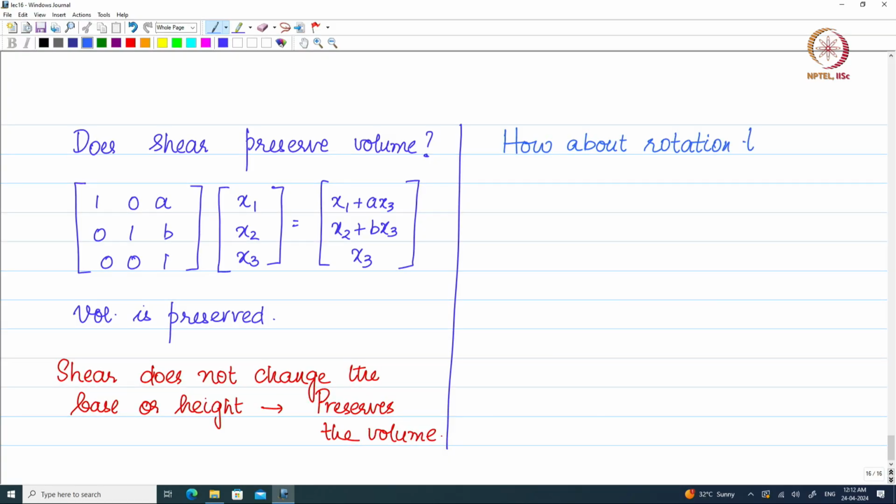So, the next question that we have is, how about rotations in 3D? How about rotating a vector, or rotation transformations in 3D? What happens to the rotation transformation in 3D?